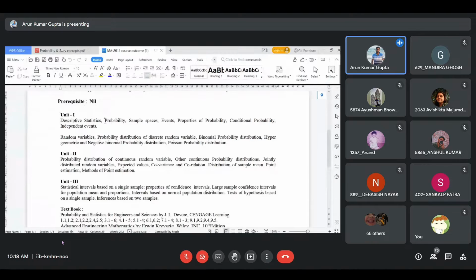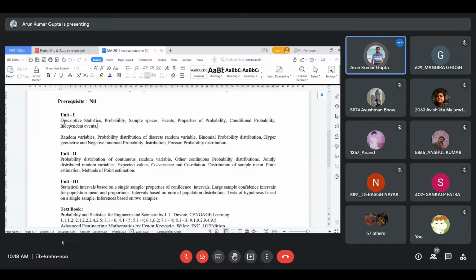Then we start with probability, and in probability we'll have the sample space, you know that, events, properties of probability, conditional probability, independent events, and various different types of events. Accordingly we'll solve some preliminary level problems that you have already done in your high school level.